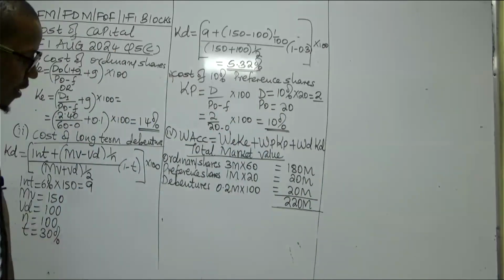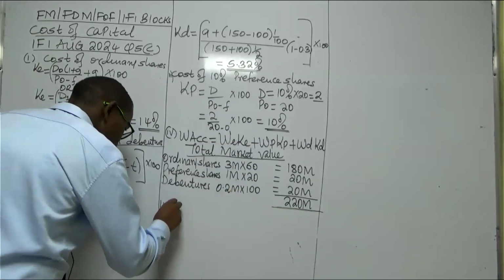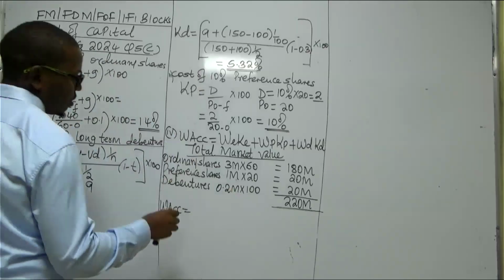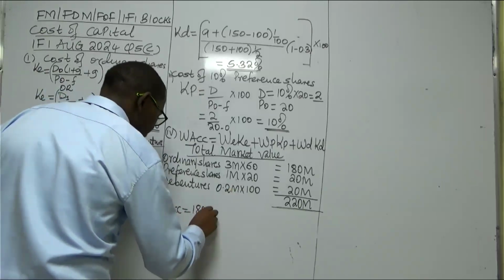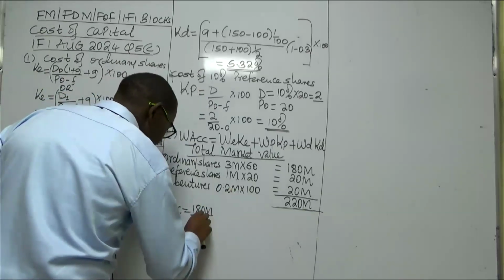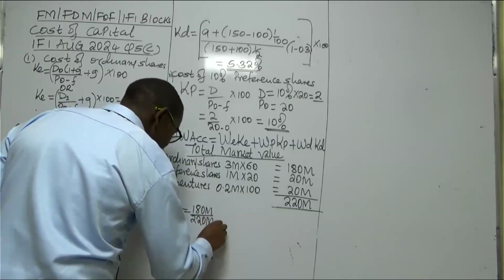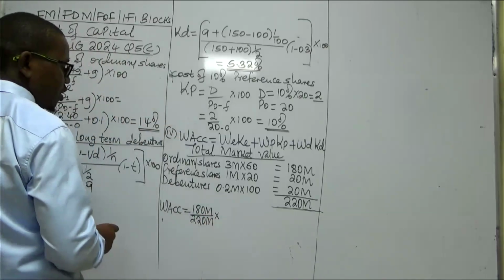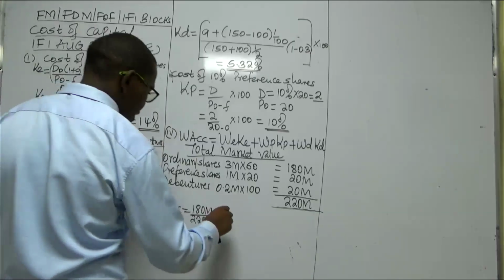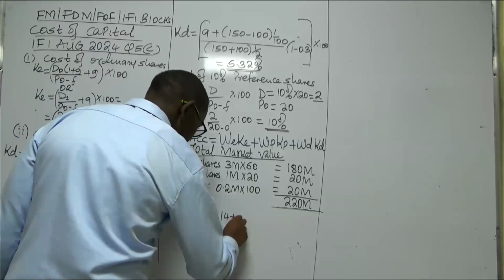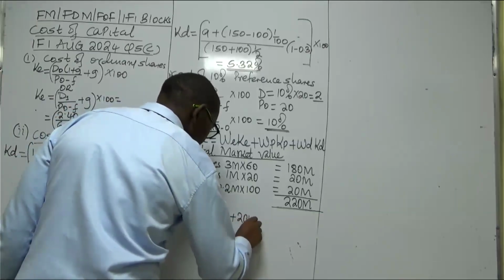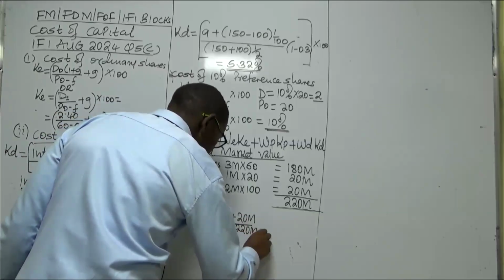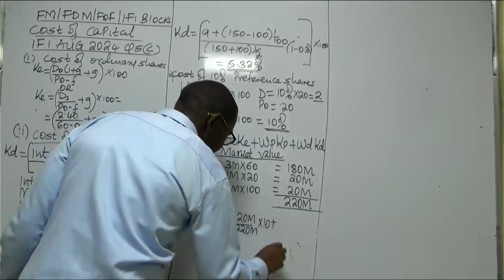Therefore, now we can get the WACC, which will be the ordinary share capital, the 180 million, divided by 220, times the cost of ordinary shares, 14. Plus 20 all over 220, times the cost of preference shares, which we got as 10.